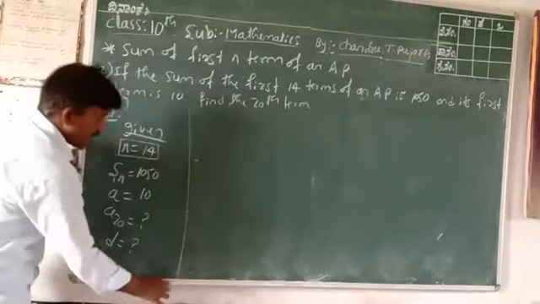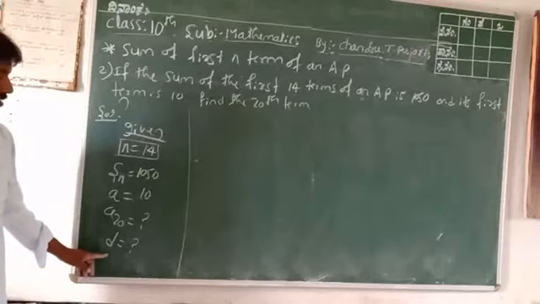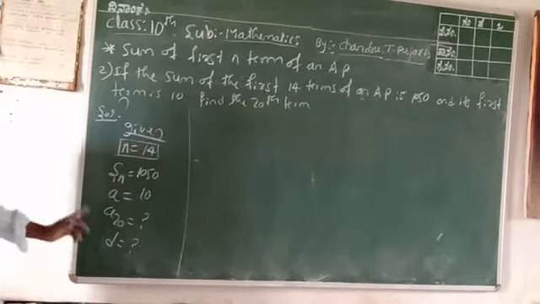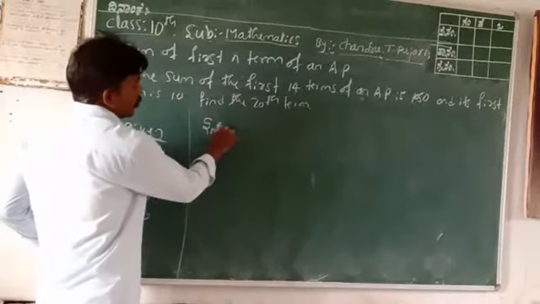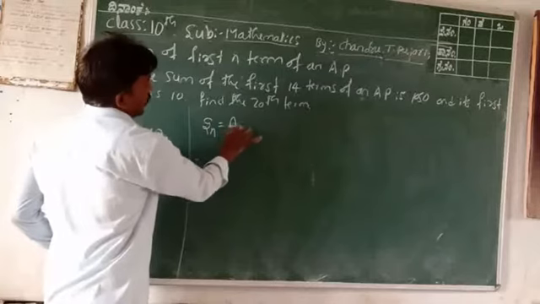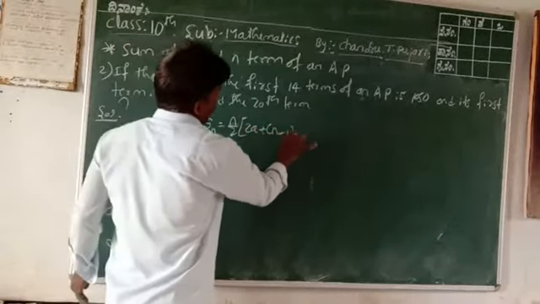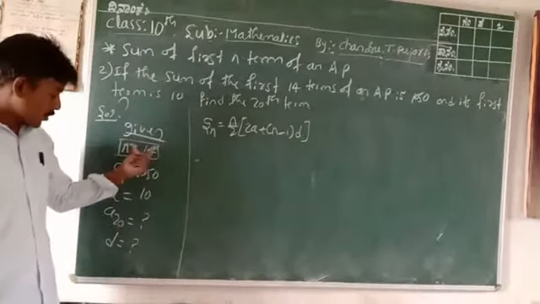Therefore, in the solution, first of all you find the D value, because Sn is given, A is given, N is given. You can find it by the Sn formula. Sn is equal to N by 2 into bracket of 2A plus N minus 1 into D. In the formula, put the given values.